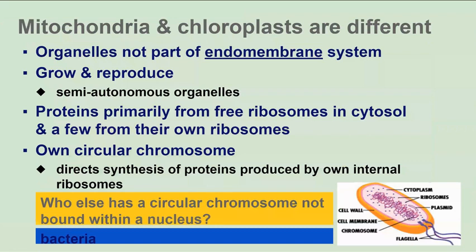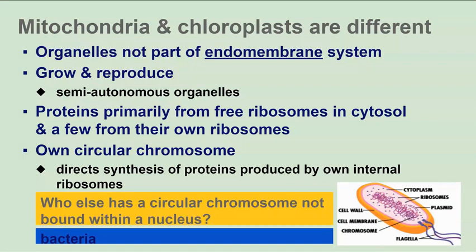When we talk about the endomembrane system, we mean the nucleus moving out further into the rough endoplasmic reticulum, the smooth endoplasmic reticulum, the Golgi, the vesicles, all of those organelles that have membranes and flow from one into the next. They can grow and reproduce on their own. So again, they're semi-autonomous. They can do some of these things on their own.